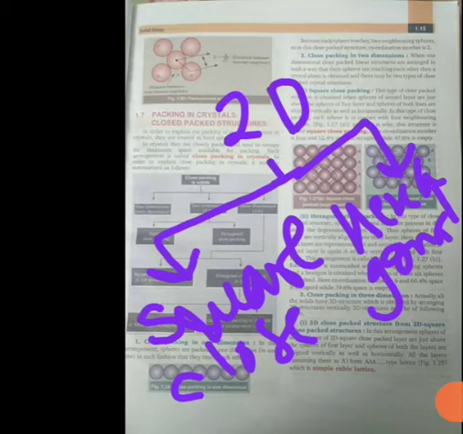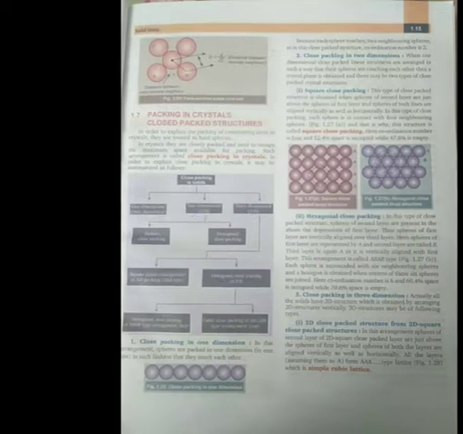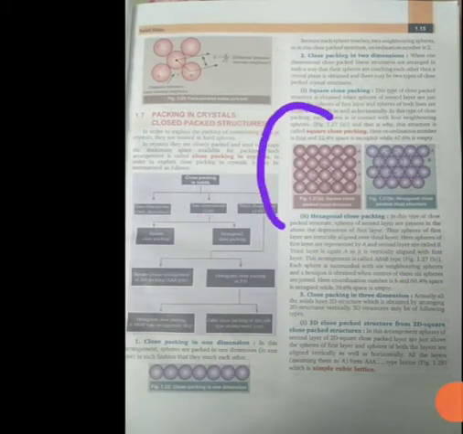In this manner you can see this diagram here. This indicates square close packing, and here the coordination number is 4. How can it be 4?